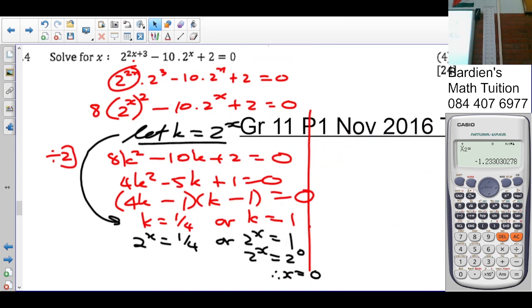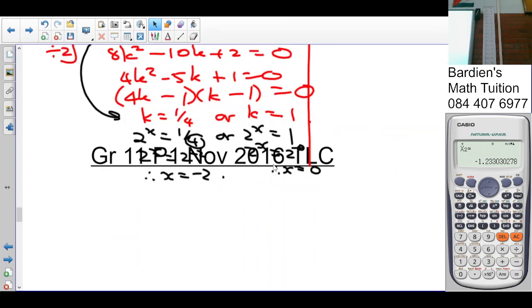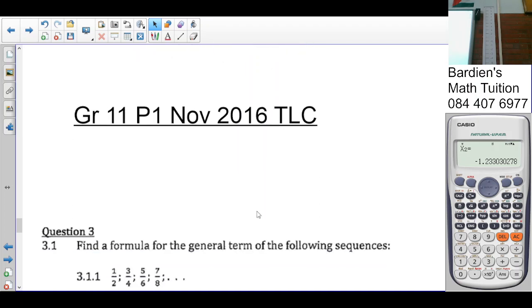On the other hand, 4 can be written as 2 squared. Bring it up, it becomes 2 to the minus 2. Therefore x is negative 2. Okay. I think I should have given you 5 marks there. They were robbed with 1.